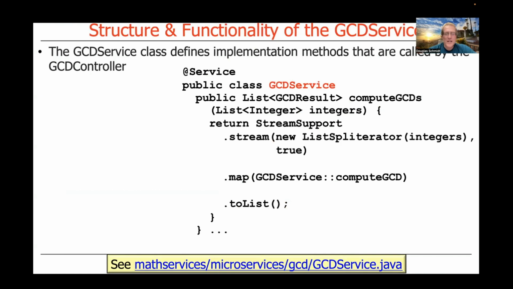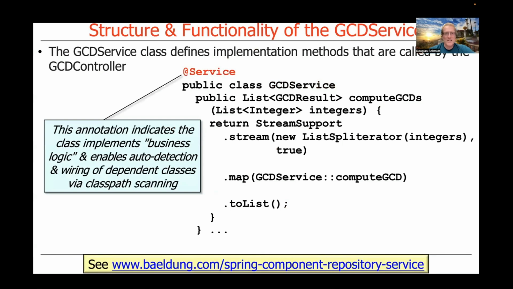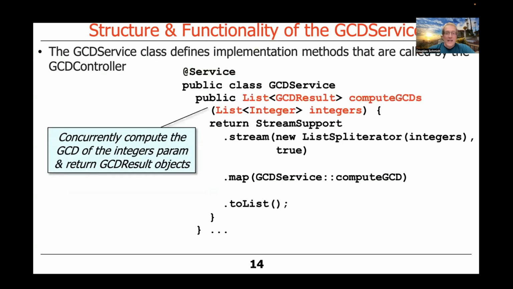The GCDService class, however, is a little bit more interesting. So this class, as usual, is a service. Again, no surprise there, because we want Spring to do the dependency injection and auto wiring for us. It takes this list of integers, which are the integers we want to compute GCD for. And it's going to be the same set of integers that we pass to the compute primalities call on the primality microservice.